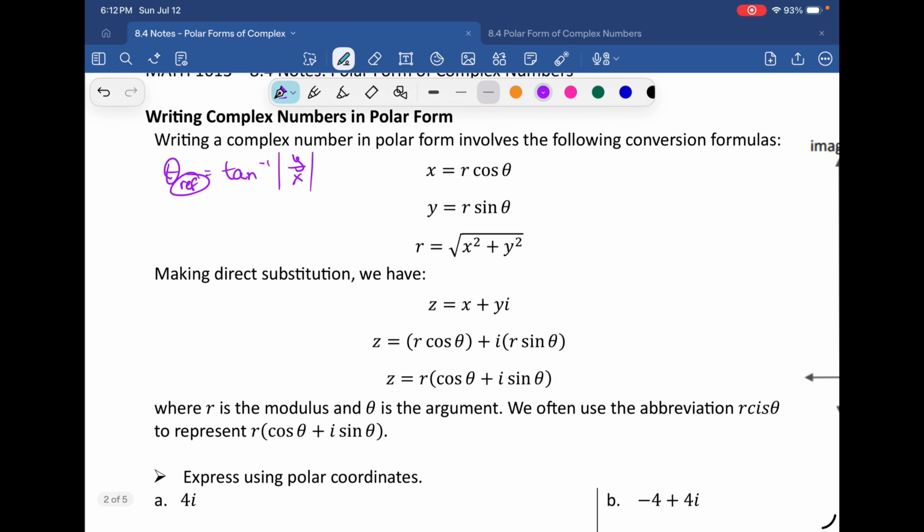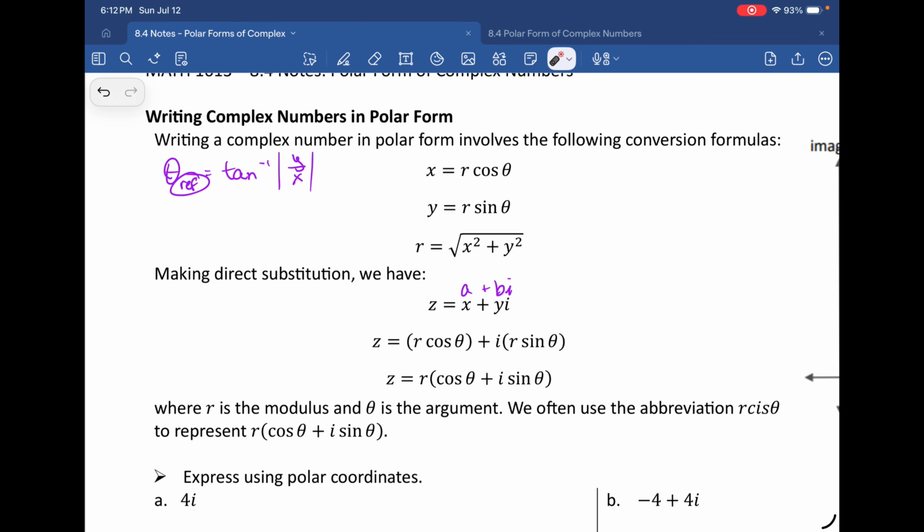All right, so if we substitute those directly in, this is our rectangular form, x plus yi, a plus bi is what I call it. Then the a is our cosine. The b, our sine.